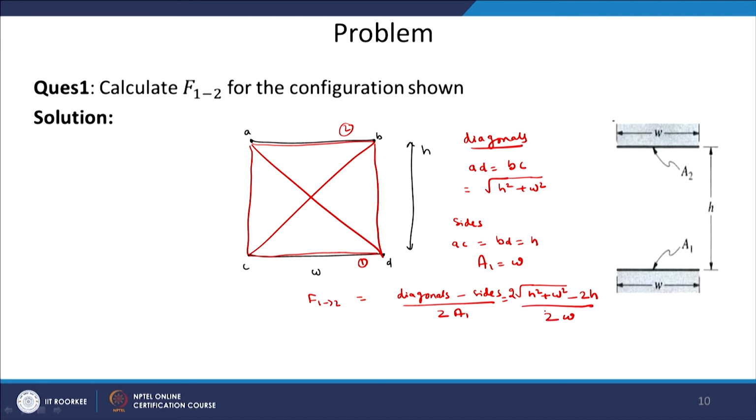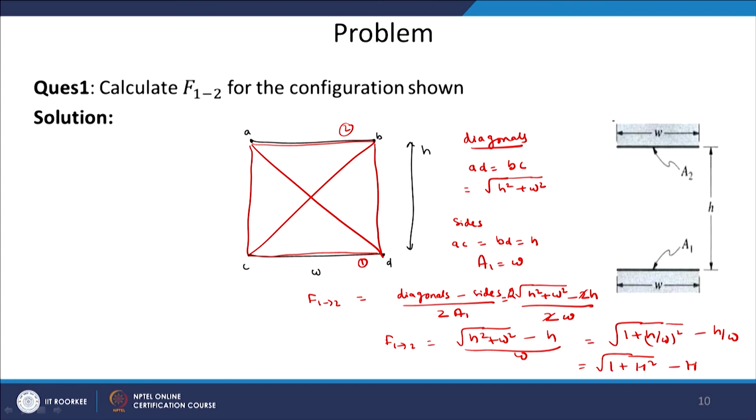So, 2 will cancel out from the numerator and denominator. We get F12 equal to root of h square plus w square minus h, upon w, and this becomes root of 1 plus (h by w) square minus h by w, which is root of 1 plus H square minus H, where H is equal to h by w.